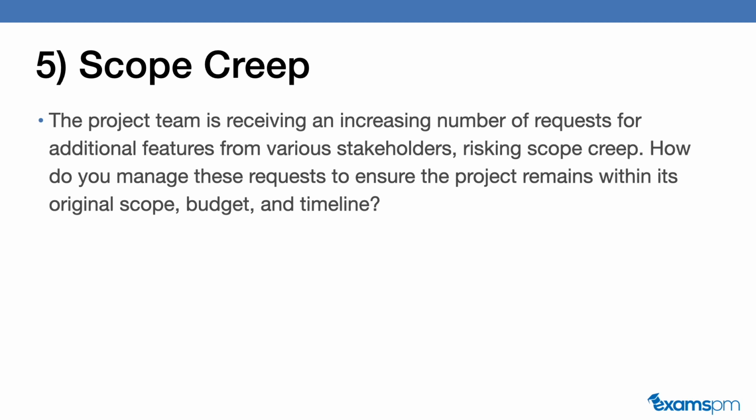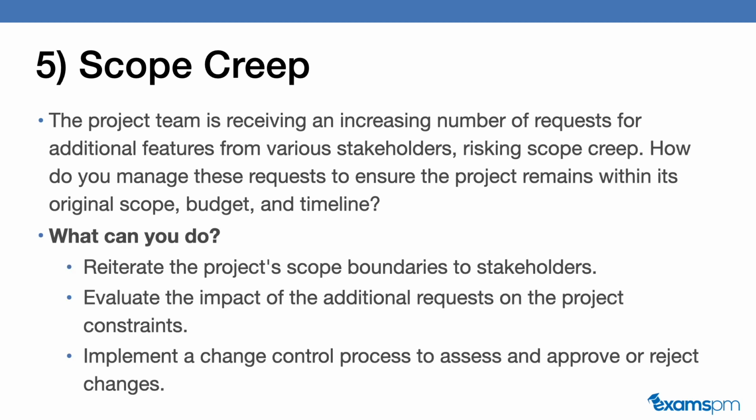But if you keep adding this additional scope to your project, it could put your project in jeopardy because you may not be able to complete it within scope, on time, and on budget. So when you run into these kind of situations, what do you do? If you run into situations where the various different stakeholders are requesting additional features that were not previously discussed, what you could do is speak with that stakeholder and reiterate what the scope boundaries are, what you agreed to.